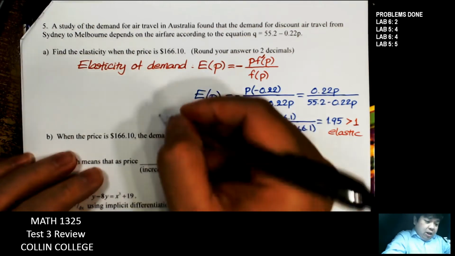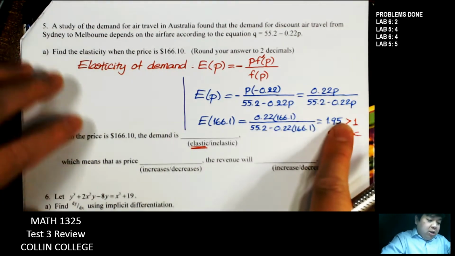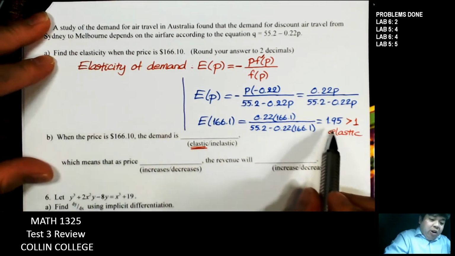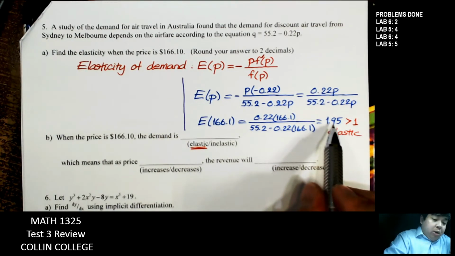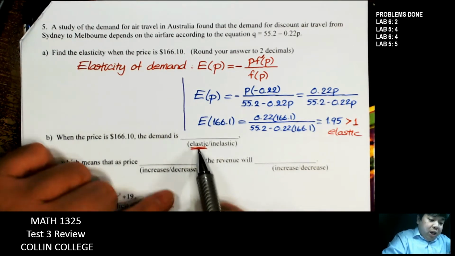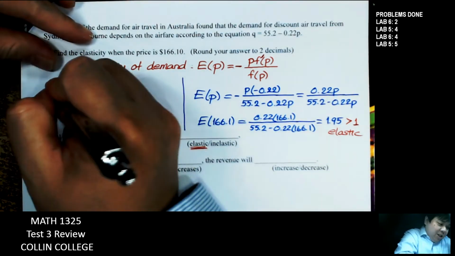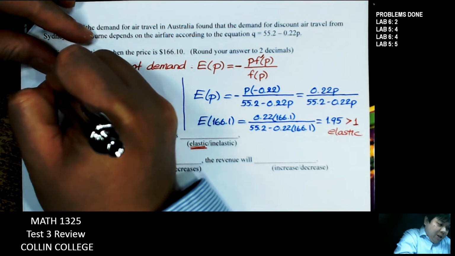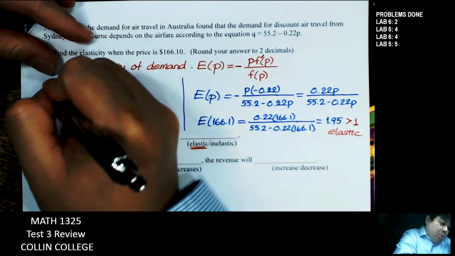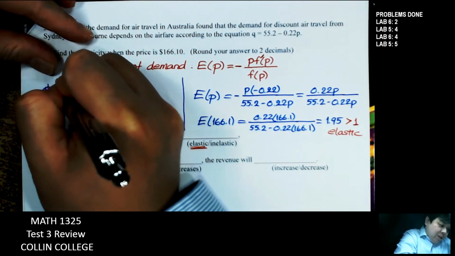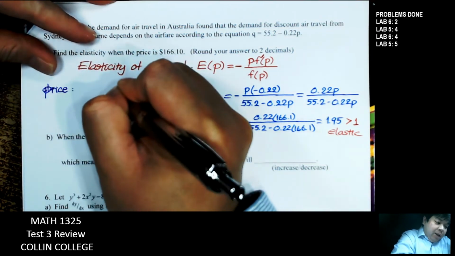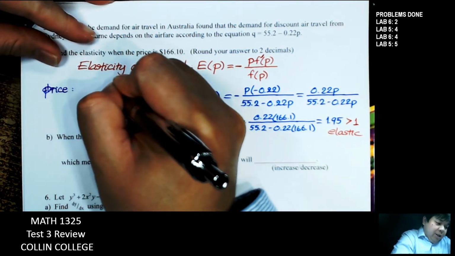Okay. Next, which means, of course, if it is elastic, then we need to think a little bit. Let's just write it down again, just like last time we did in class. It will be like this, where we have this much, meaning whenever the price changes by this much, the demand will change by, sorry, I should write it out instead.